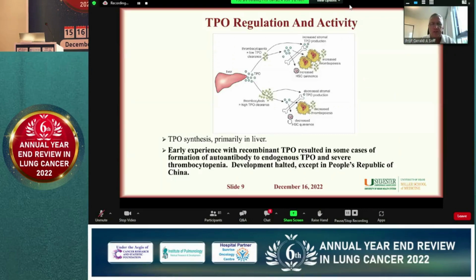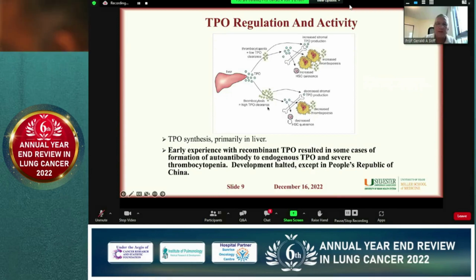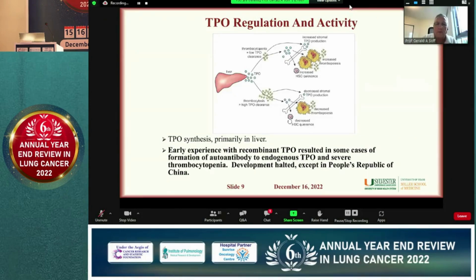It's made constitutively. However, it binds to megakaryocytes in the bone marrow, but it also binds to platelets in the peripheral blood. So if the patient has a normal or high platelet count, then the thrombopoietin will bind to the platelets and not be available to bind to megakaryocytes, and therefore one will turn down thrombopoiesis, the growth and differentiation of megakaryocytes and platelet production.